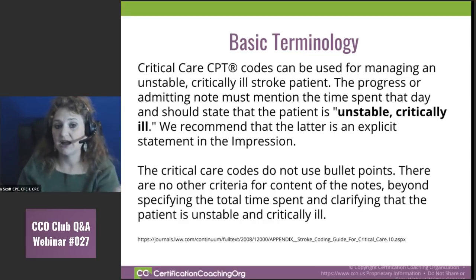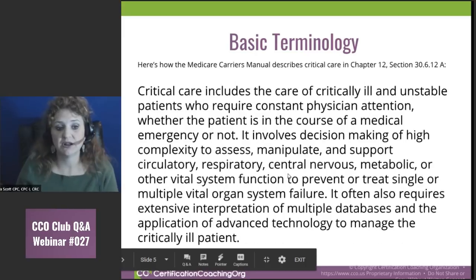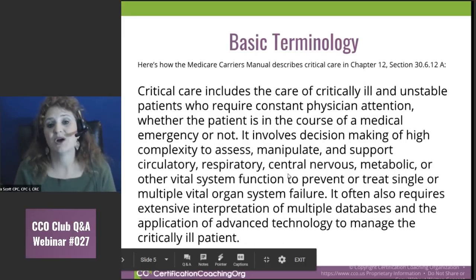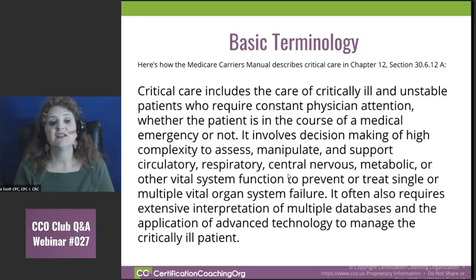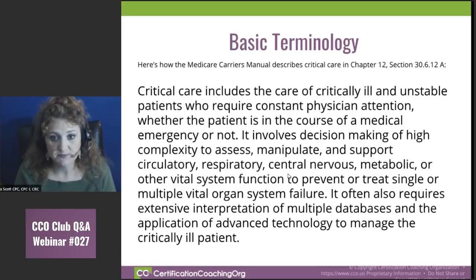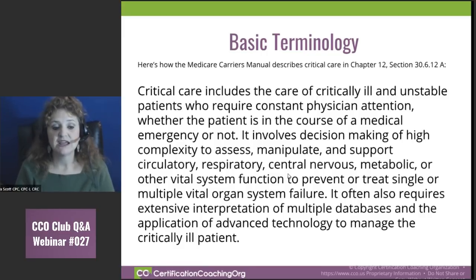Is there gray area in the definition of being critically ill? So I went and looked at the definition that Medicare put out, and they actually state that if you are in critical care, again, critically ill and unstable, those are the keywords that you saw with the stroke patient, it's going to require that the provider gives complete attention to the patient.